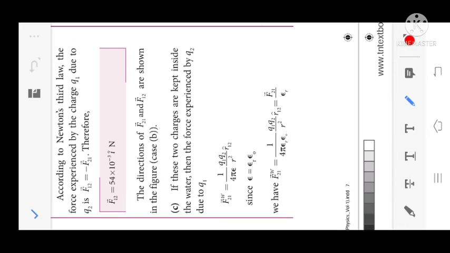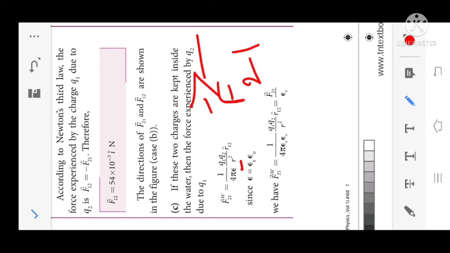Okay, the answer of the third section: if these two charges are kept inside the water, then the force experienced by Q1 due to Q2, denoted by the F21 vector, is equal to the same 1 by 4 pi. Here it is not epsilon naught, here it is epsilon, because the charges are kept in a medium.